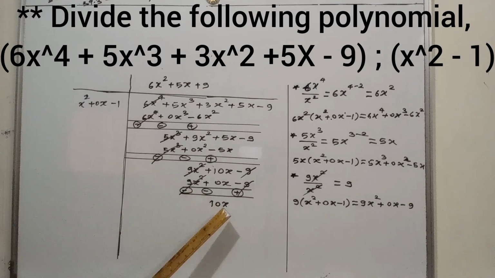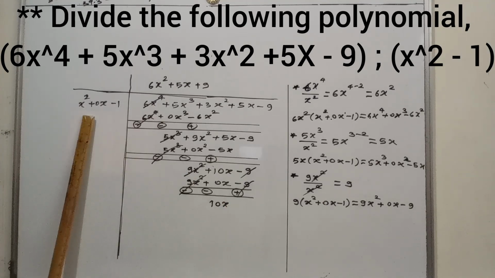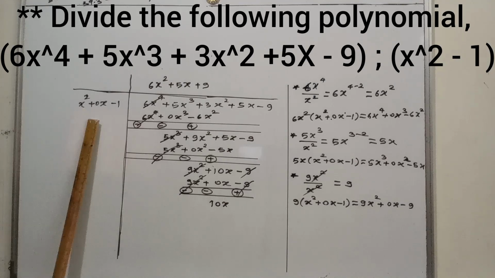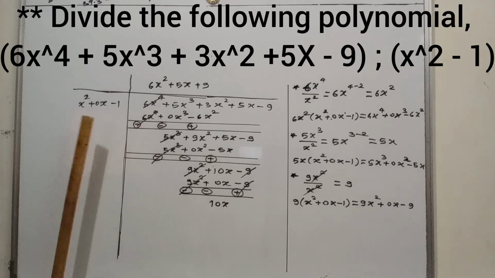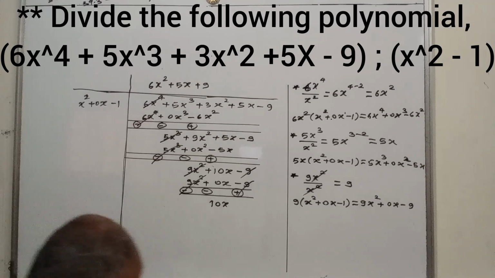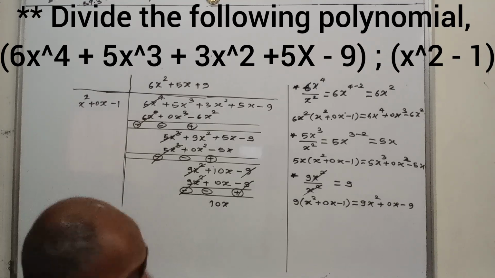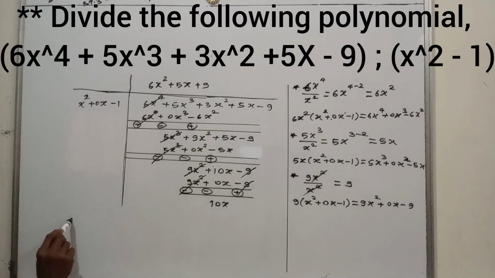Now this is our remainder. Now the degree of variable x is 1 and at the divisor the maximum degree is 2. So we stop our division here. Therefore we write here the quotient and remainder.